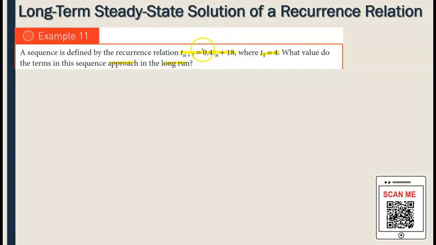The first hint is this b value, 0.4, which is between -1 and 1, as you learned earlier. Another hint is that they ask what value the term will approach in the long run. So it's clearly a steady state solution.